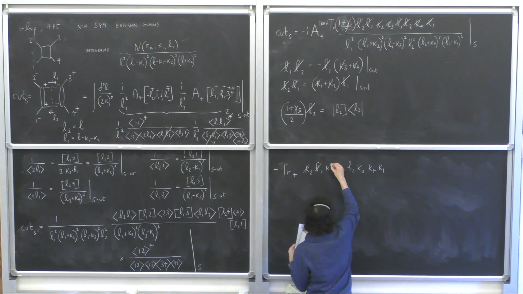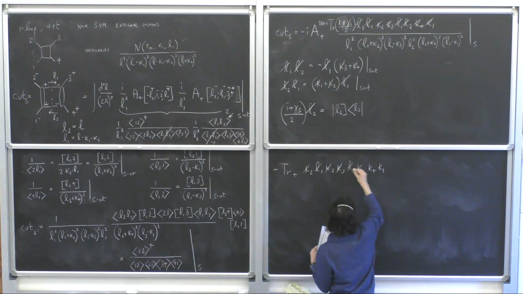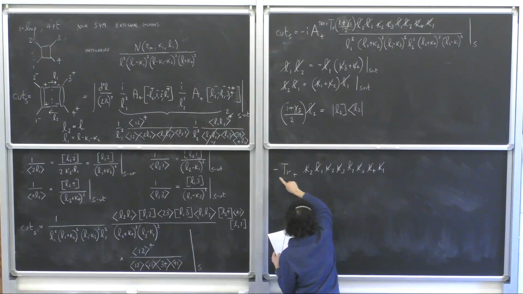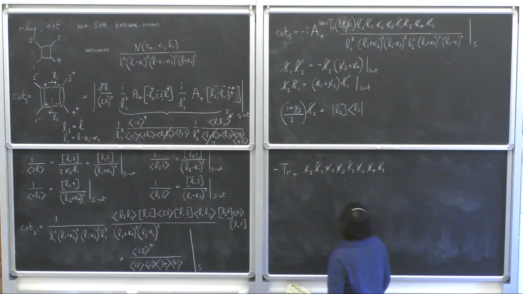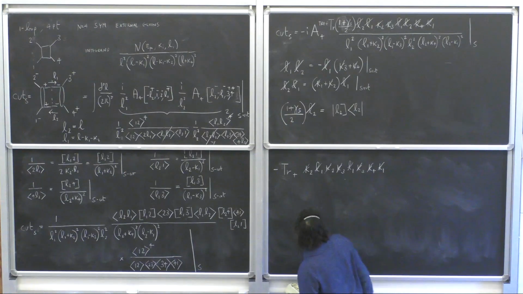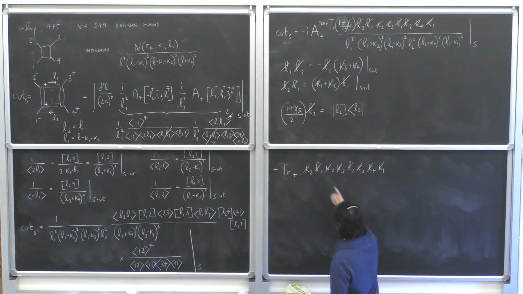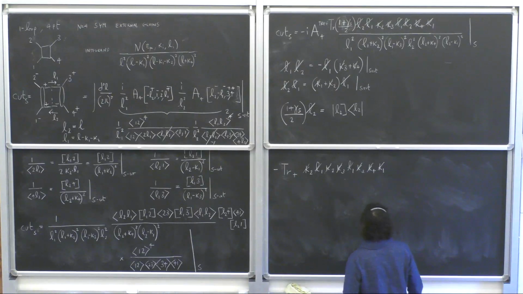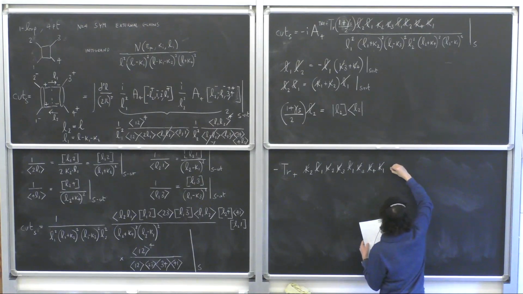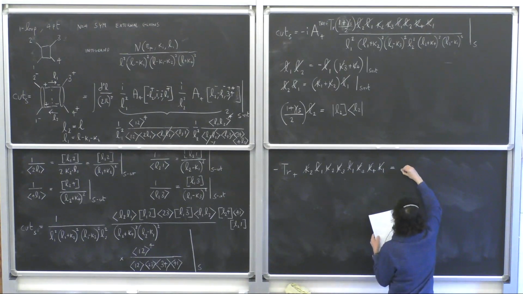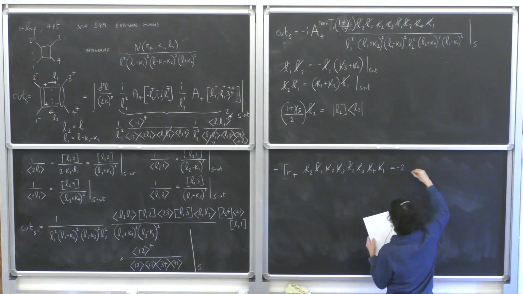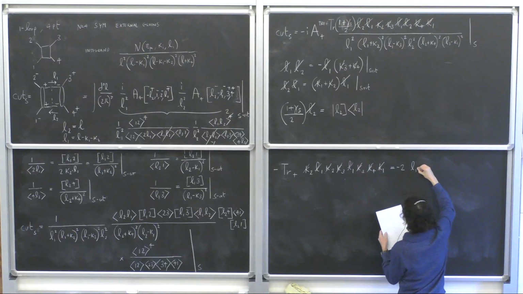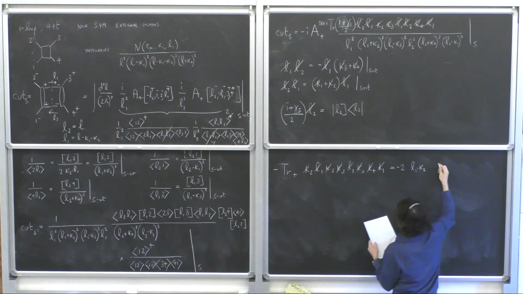So this is a simpler version of the same trace for the following reasons: it's enough to anti-commute K2 once through L1, and then you get a 0 result. You can do this just by using anti-commutation relations. There's a 2 coming from the Clifford algebra relations. Minus is inherited from before, and here you get L1 dot into K2.